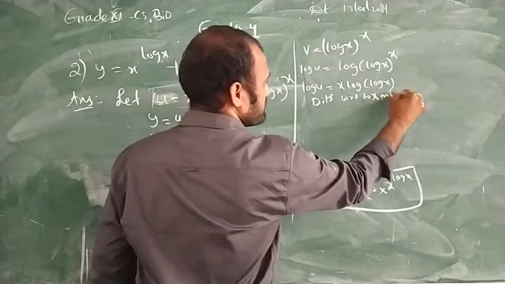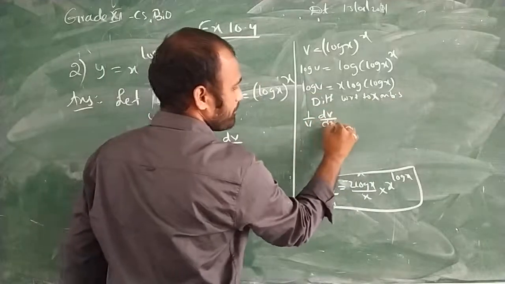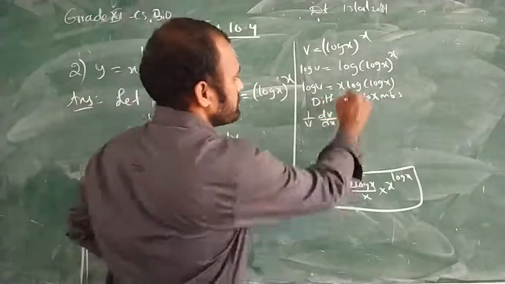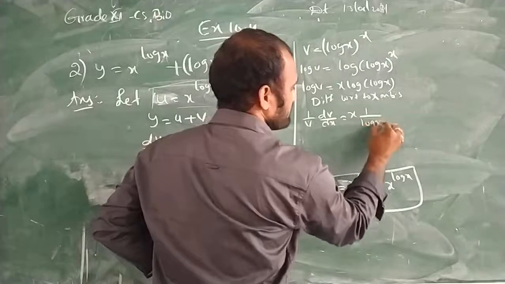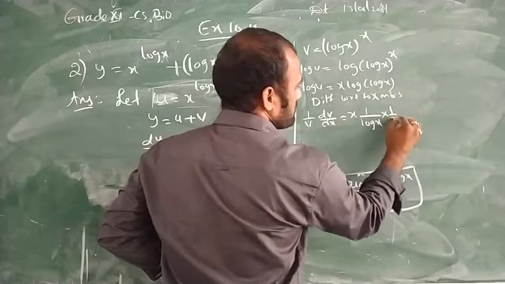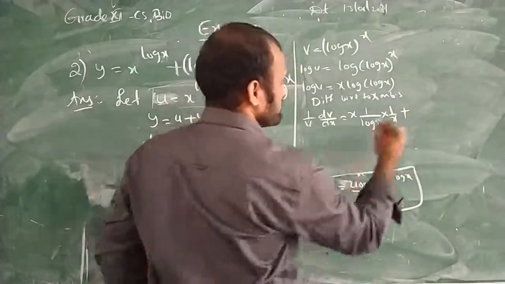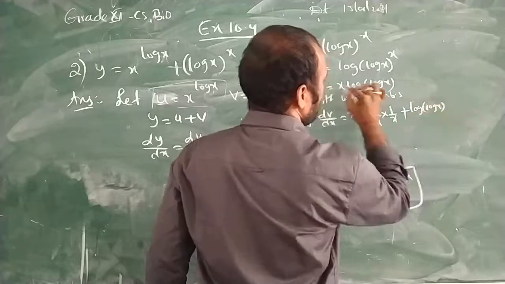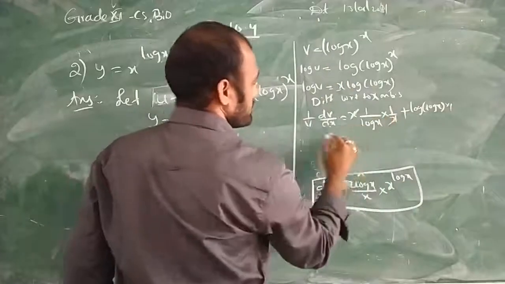If I differentiate with respect to x on both sides, 1 by v dv by dx equals, it is in the format of the product of u and v. So first function as it is, derivative of the second function 1 by log x into the derivative of log x, 1 by x, plus second function as it is, log of log x, derivative of x is 1. x gets cancelled.